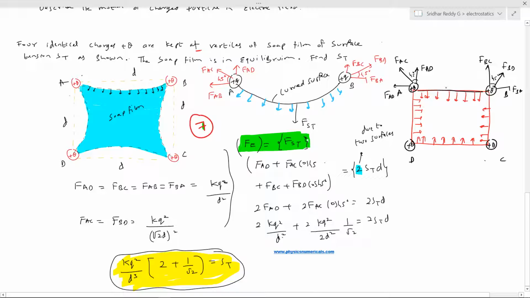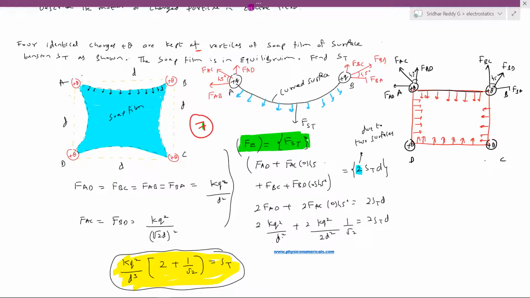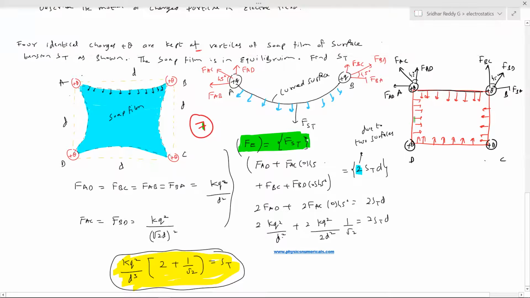Then what is the condition here? The force due to surface tension. So what is the force due to surface tension that will act here? Who should balance the force due to surface tension? The electrostatic force, the resultant electrostatic force. The force due to surface tension will act vertically down on this part of the film.